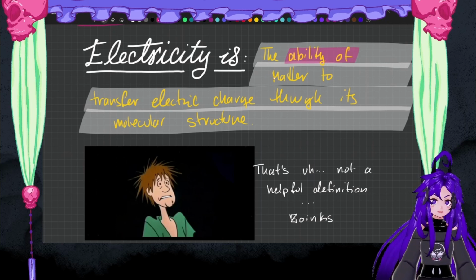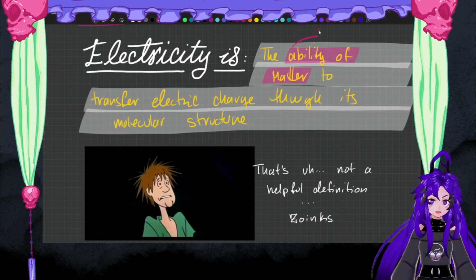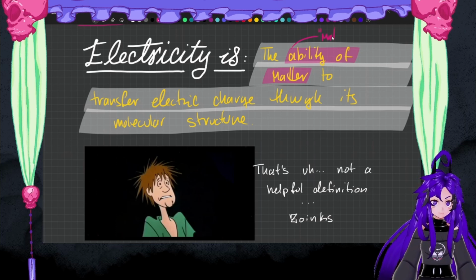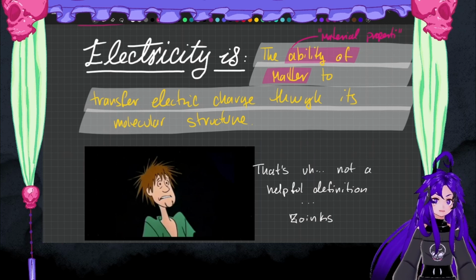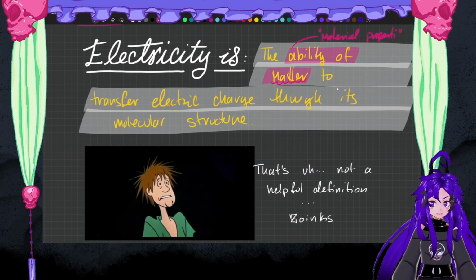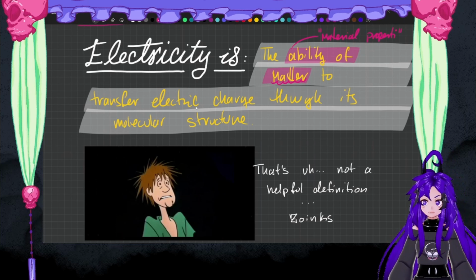An ability of matter, that means it's a material property, okay? So this is a property of all matter, actually, to transfer electric charges.